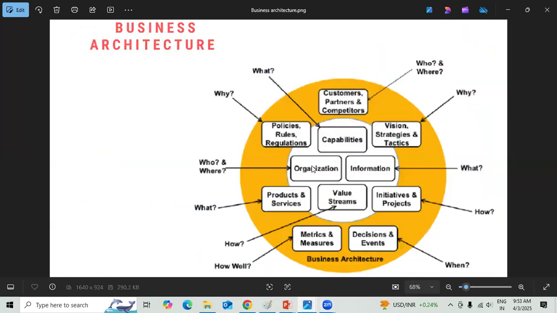This is what generally we call business architecture. You can see over here what business architecture consists of. When we want to understand any business, you must know about these things. First, you must know the kind of customers as well as the competitors, the business they are in.